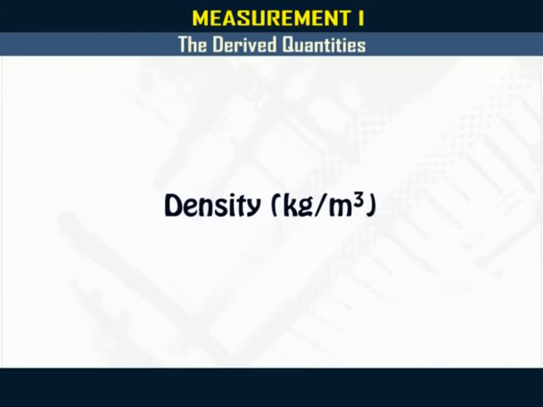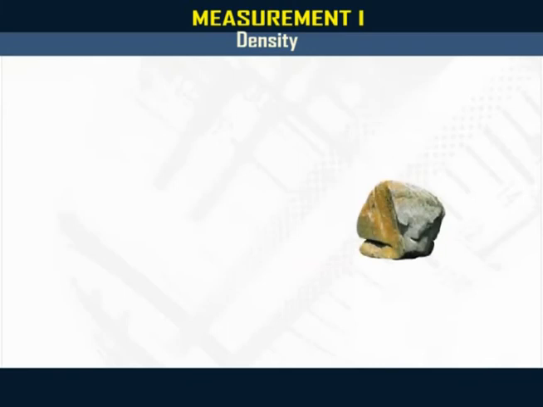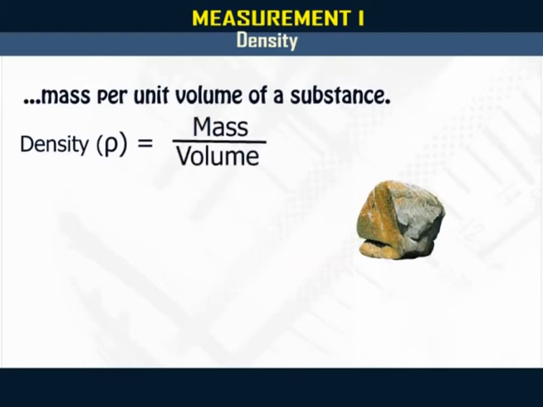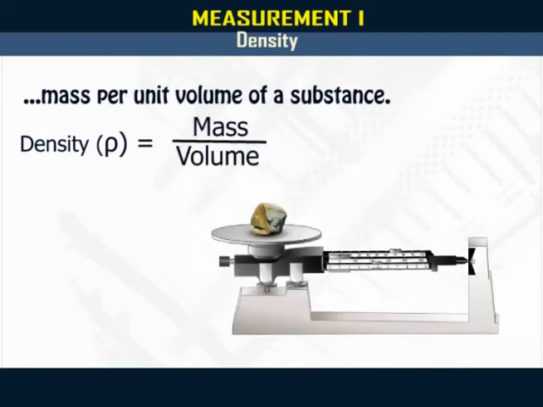Density. Typically, the reason we measure the volume of an irregular solid is to determine its density. Density is mass per unit volume of a substance. Mathematically, density ρ is equal to mass over volume. Using a balance to measure the mass of the rock, we find it's 74.88 grams.